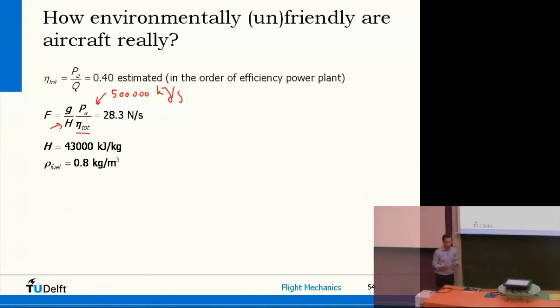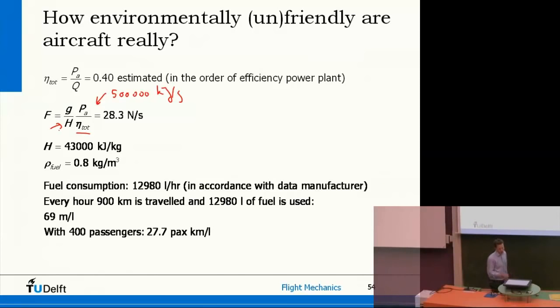It tells you how many kilojoules are there in 1 kilogram of fuel. So if you know that, and if you know the density of fuel, so how much does a liter of fuel contain in terms of cubic meters, then you can say fuel consumption is about 13,000 liters per hour.